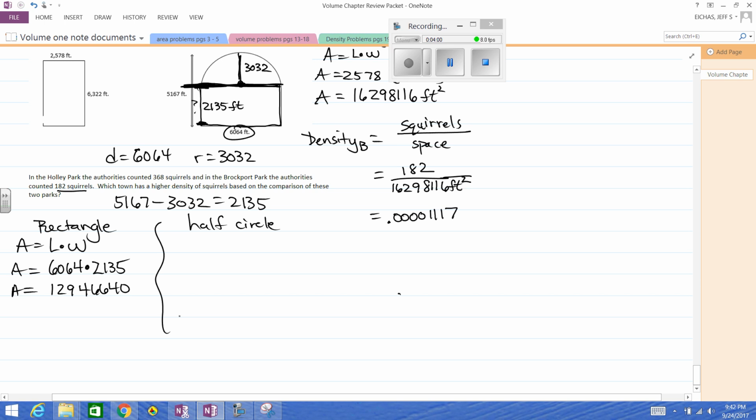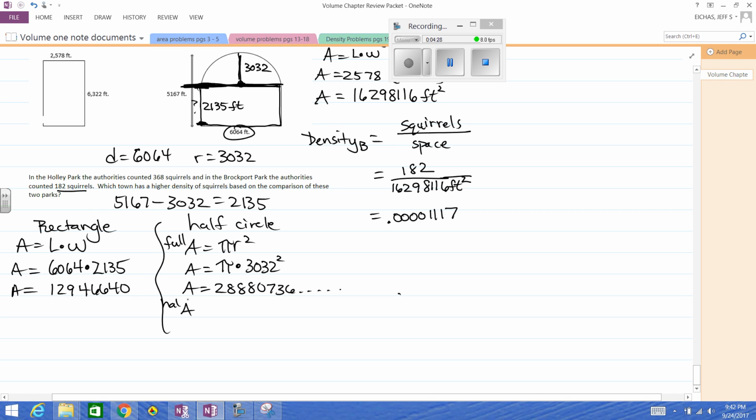Okay, half circle: a full circle's area is pi r squared. Let's do that, then we'll cut that in half. So pi times 3032 squared is 28,883,736 with some stuff after it.